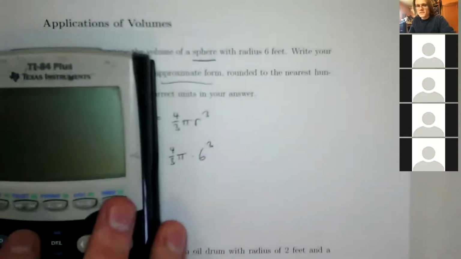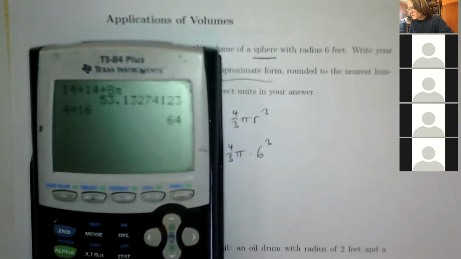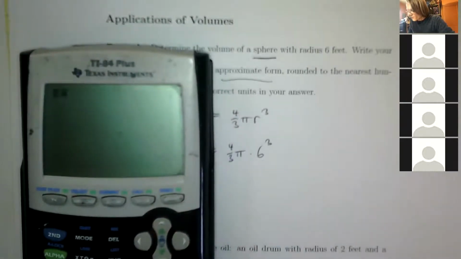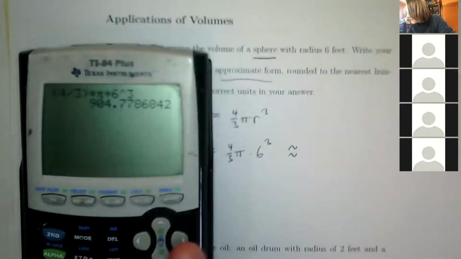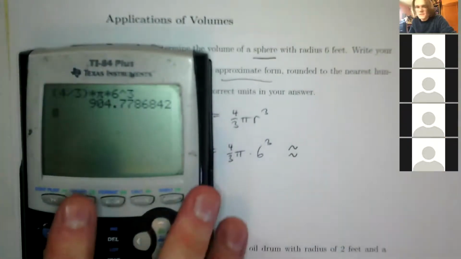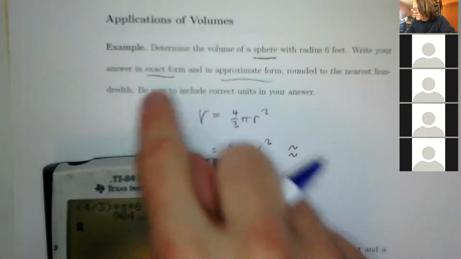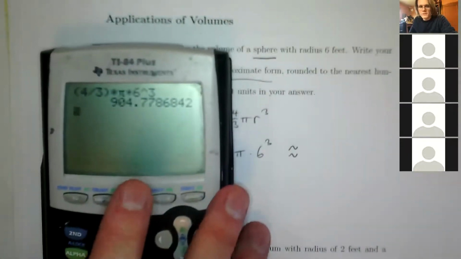If I plug this expression in my calculator, 4/3 pi times 6 cubed, I get 900, and it even gives me the digits to round to, the nearest hundredth. So that's 2 places.